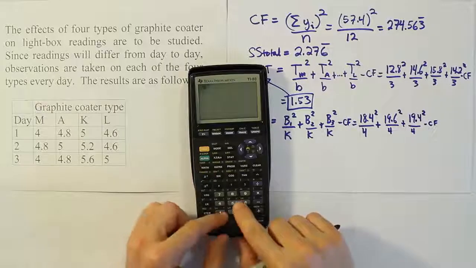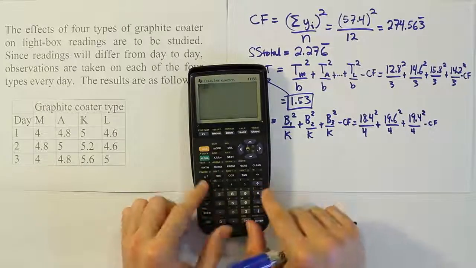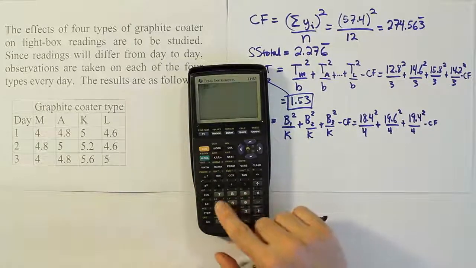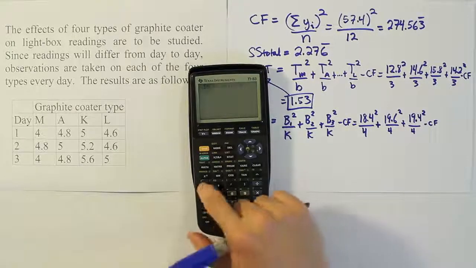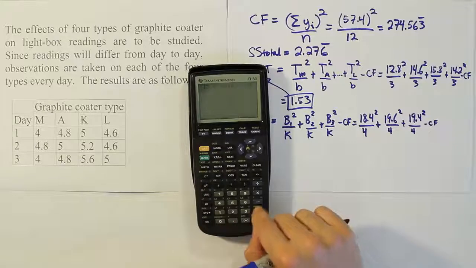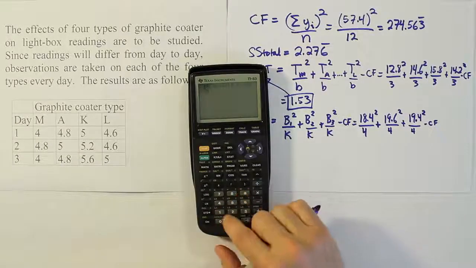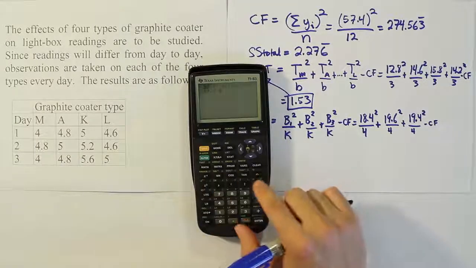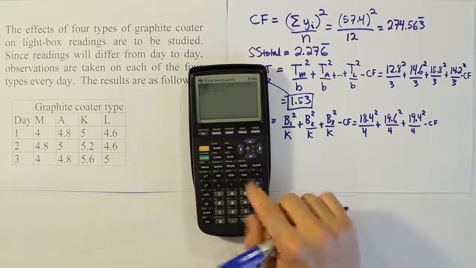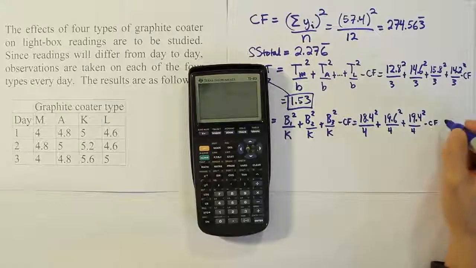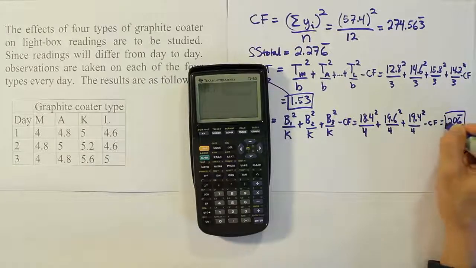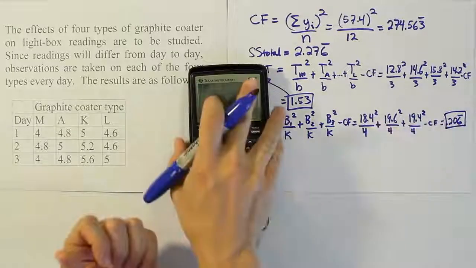So we're going to have 18.4 squared divided by 4 plus 19.6 squared divided by 4 plus 19.4 squared divided by 4 minus the correction factor, which I stored in my calculator as x a while ago. We'll get the answer 0.206 repeating. Okay, so there we have that.